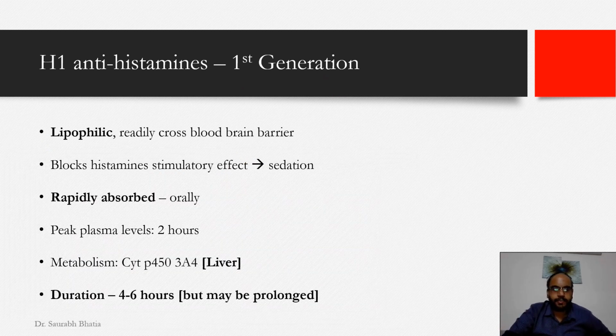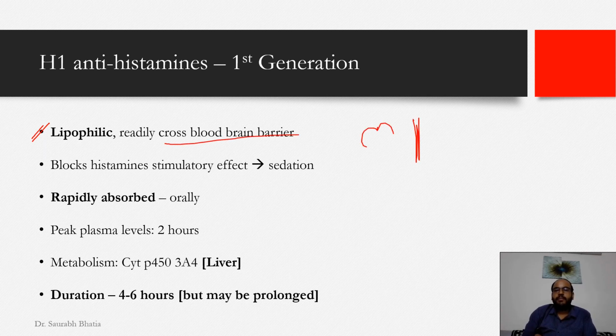Let's move forward. So the first generation of H1 antihistamine are lipophilic. That means they are fat soluble. They are non-polar molecules, and because of their increased fat solubility, they readily cross the blood-brain barrier. So you have a barrier, and here you have let's say brain.